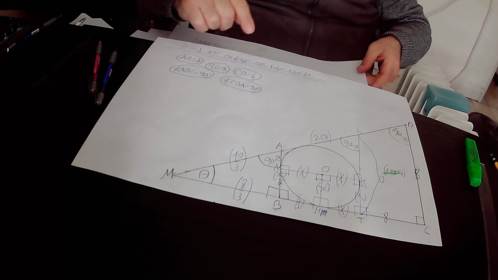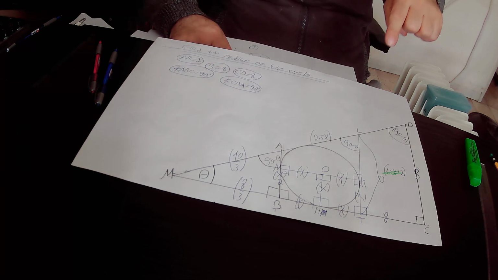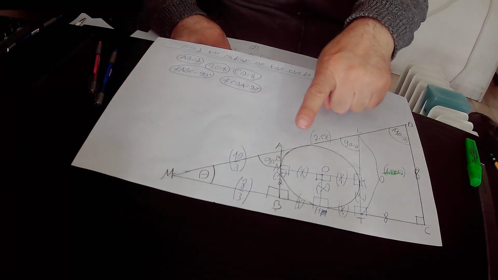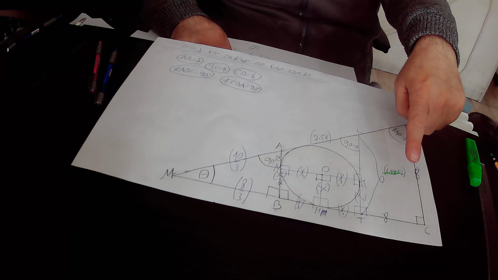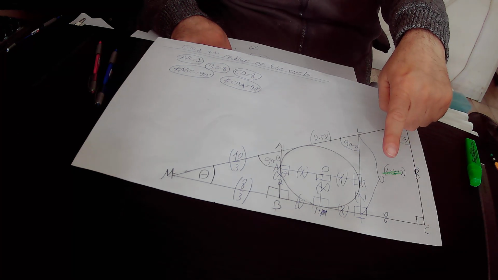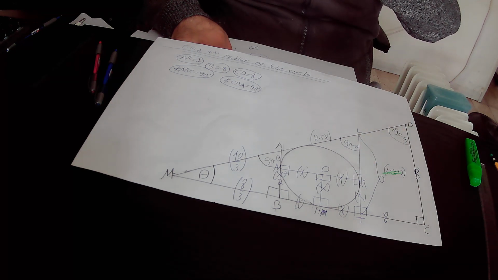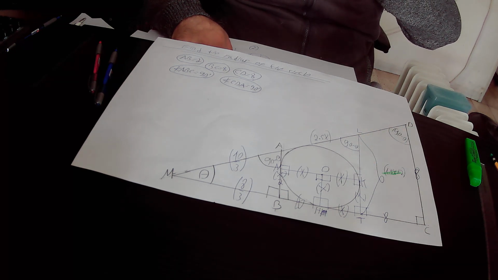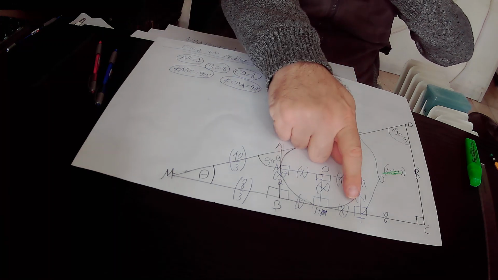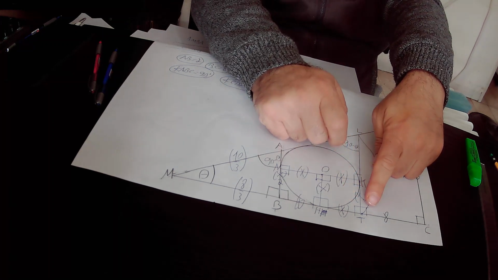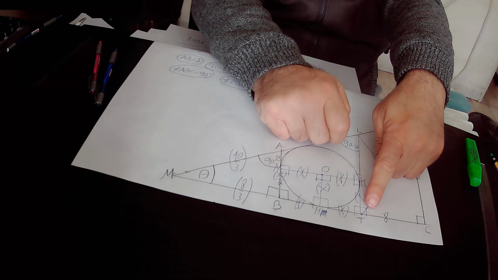Then we did another construction. We drew a perpendicular on BC in such a way that this perpendicular will also be tangent to this circle. So this angle equals 90 degrees and this angle equals 90 degrees according to our construction.